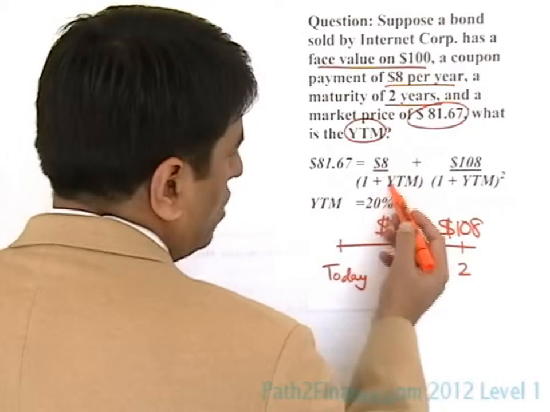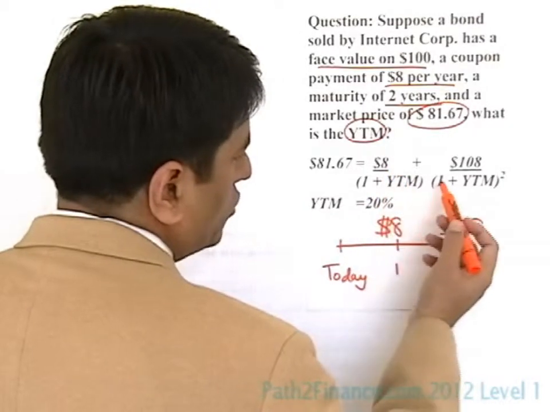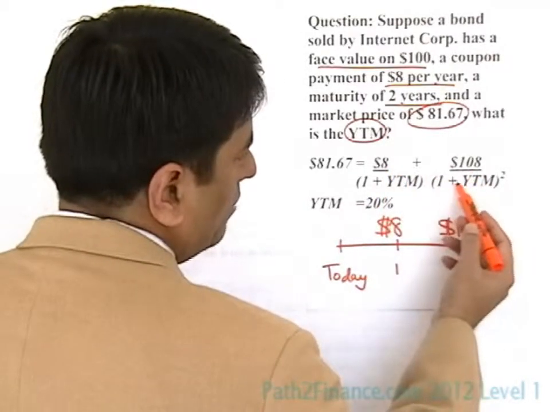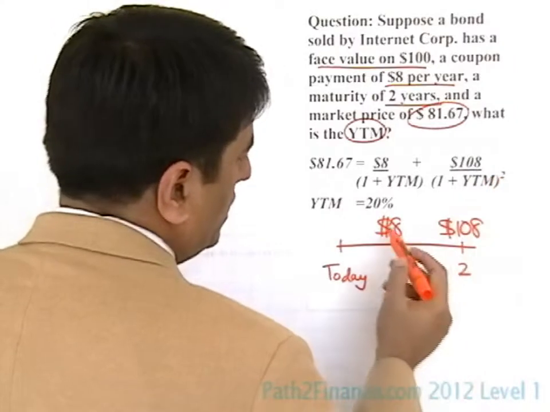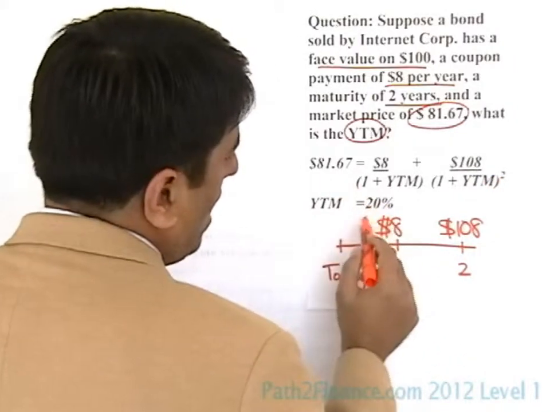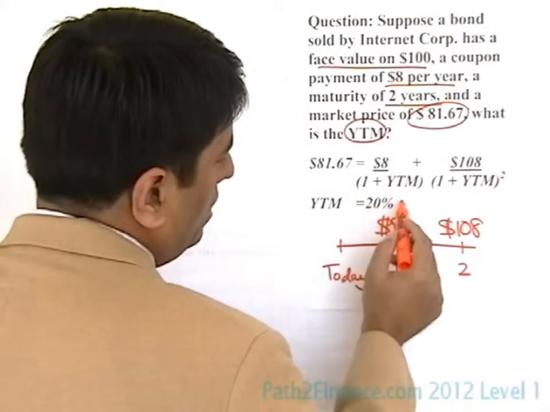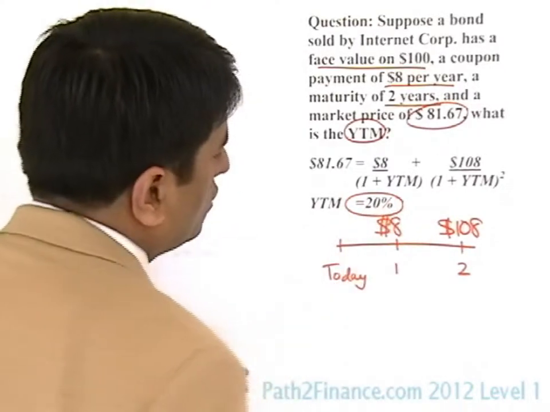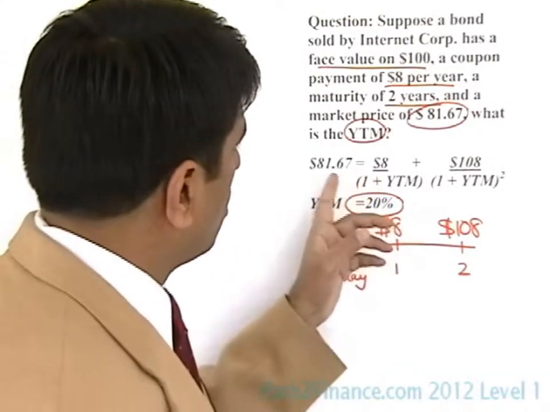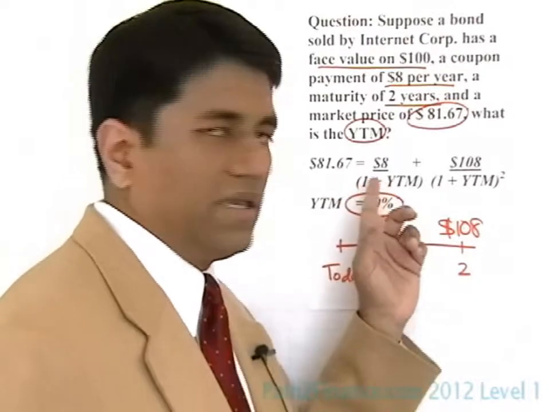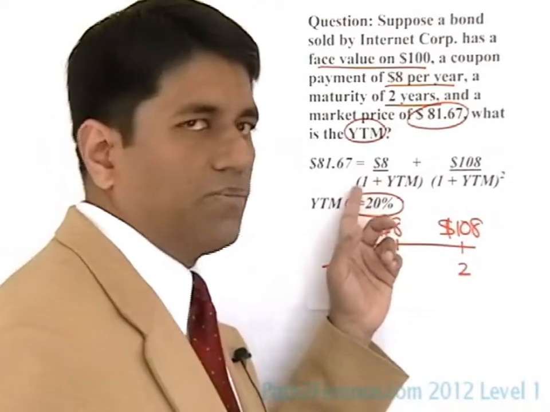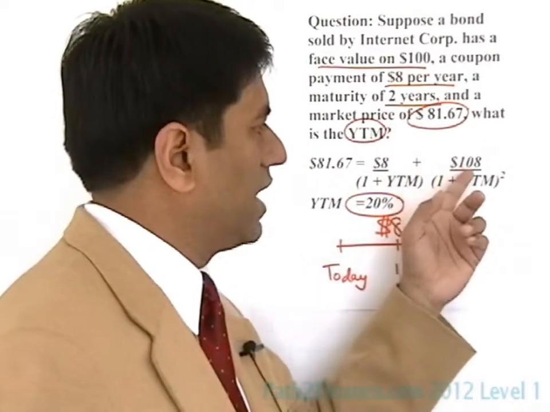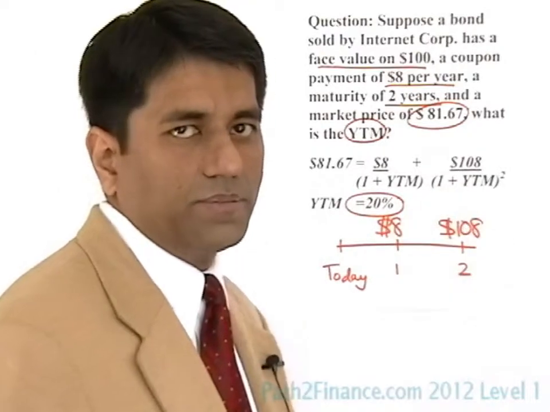So it will be $8 divided by 1 plus yield to maturity plus 108 divided by 1 plus yield to maturity square, and the answer would turn out to be 20%. So 81.67 equals 8 divided by 1.2 plus 108 divided by 1.2 square.